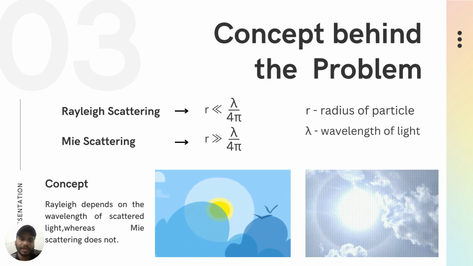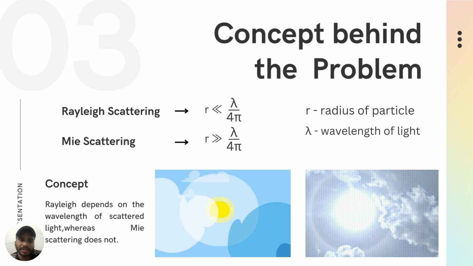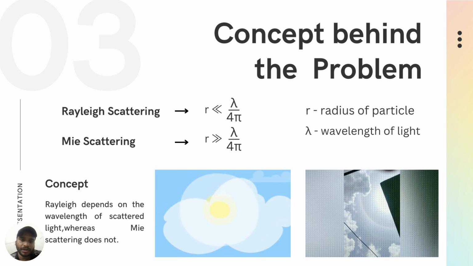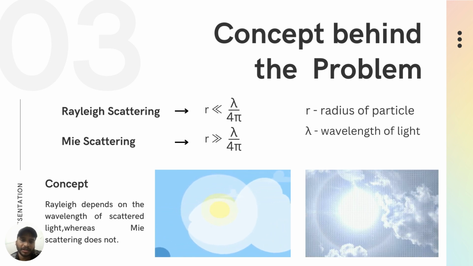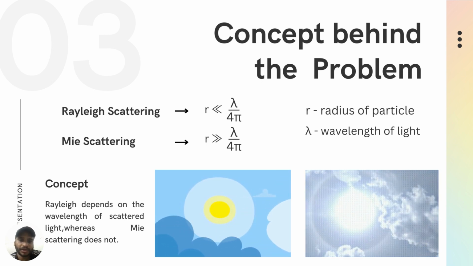So there will be larger particles, so there will be Mie scattering, right? We can directly say Mie scattering is found in the lower atmosphere because of their larger radius, and Rayleigh scattering is found in the upper atmosphere.